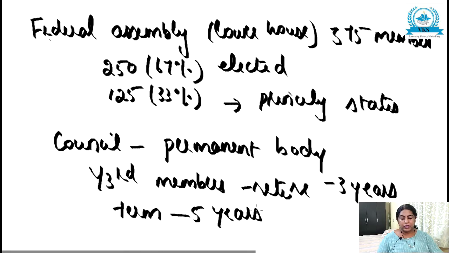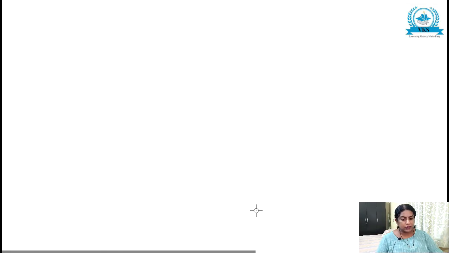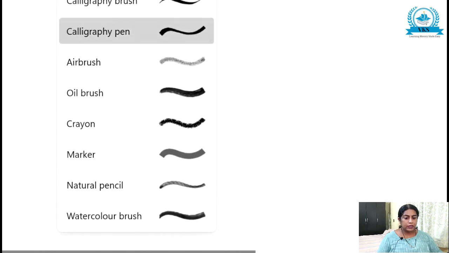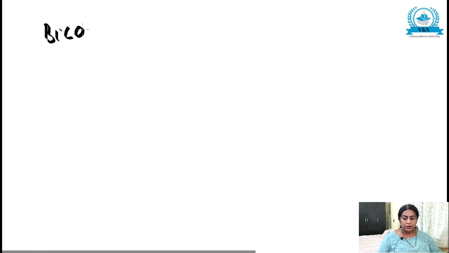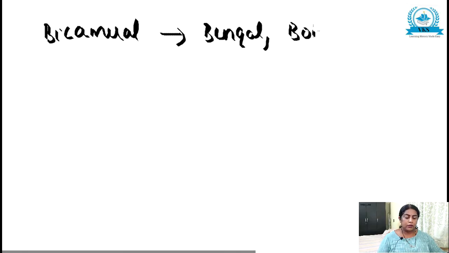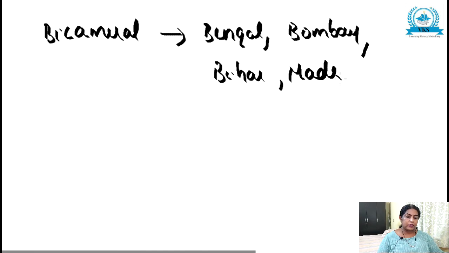And this bicameral legislature, as we discussed, existed in Bengal, Bombay, Bihar and Madras. So this was about the diarchy at the center and the federal legislature.